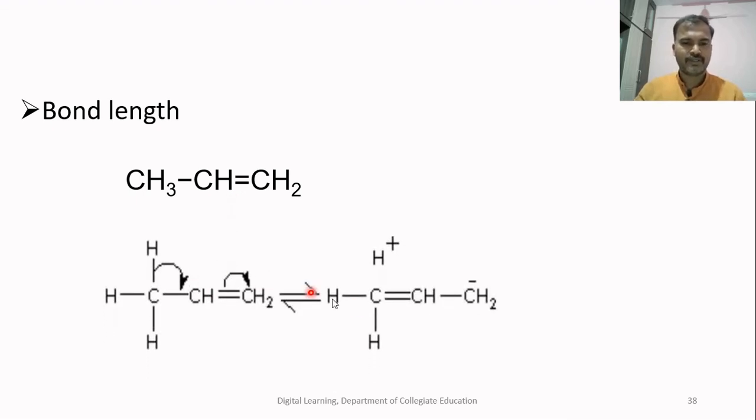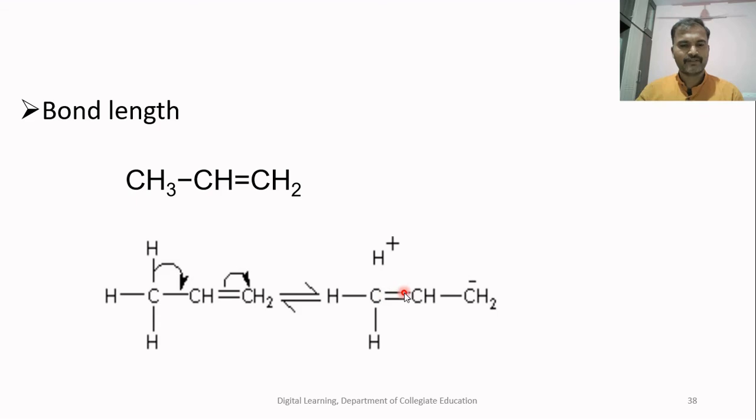You look at these structures. Here, the methyl group is attached to the unsaturated system. The sigma bond of this carbon-hydrogen can be involved in the hyperconjugation interaction. As a result, the carbon-carbon single bond is going to have some double bond or partial double bond characteristics.